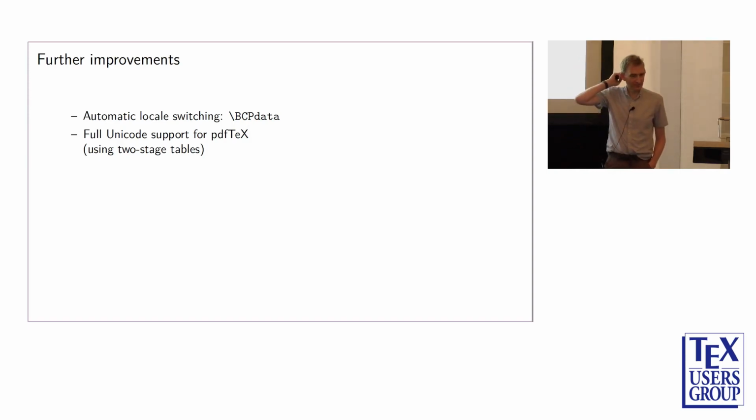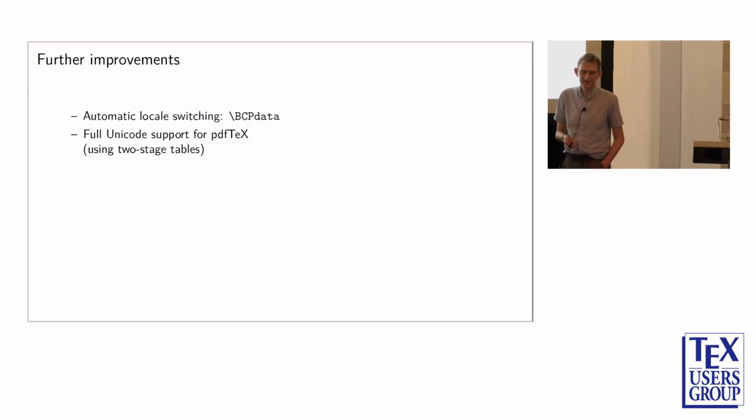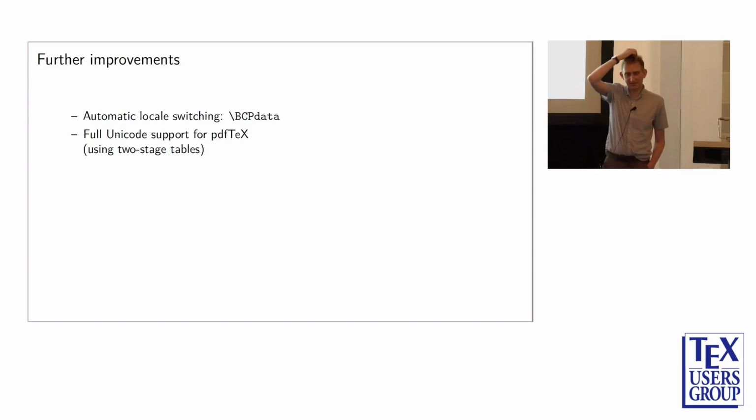It's what's used to implement integer arrays, and so you can get all of the case-changing data for all of Unicode into pdfTeX, in a reasonable amount of memory. The point about the two-stage tables is they're designed to be relatively slow to build, but relatively fast to get the data out of. It's essentially just some very basic maths, and it points straight to the right value.